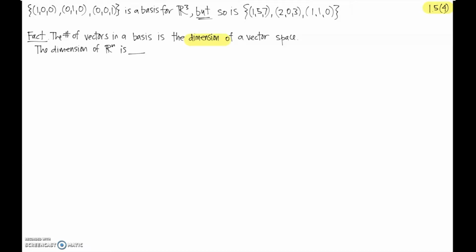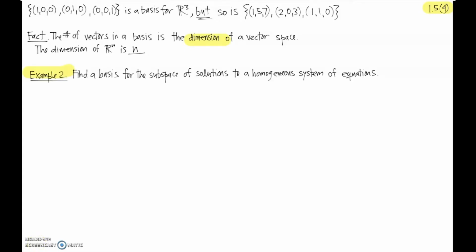And the dimension of Rn is n. So the dimension of R2 is 2, the dimension of R5 is 5. If we were talking about a basis for R5, we would know it would have 5 elements in it, whatever basis it was. You can never get a basis of R5 that has 6 elements or 4 elements in it.